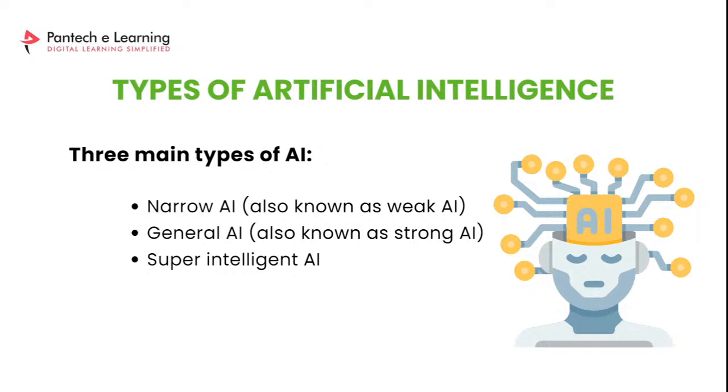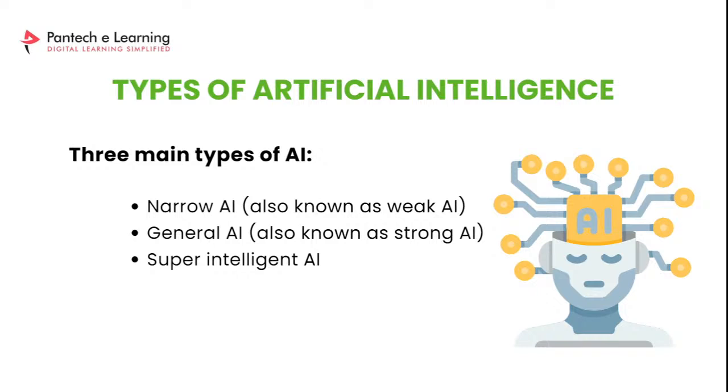These systems are limited in their scope and do not have the ability to perform tasks outside their specific domain. Examples of narrow AI include voice assistants, facial or speech recognition, or self-driving cars.